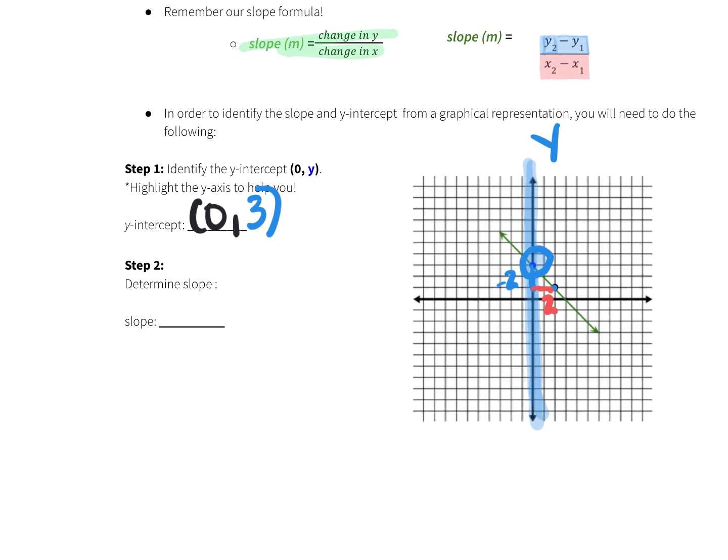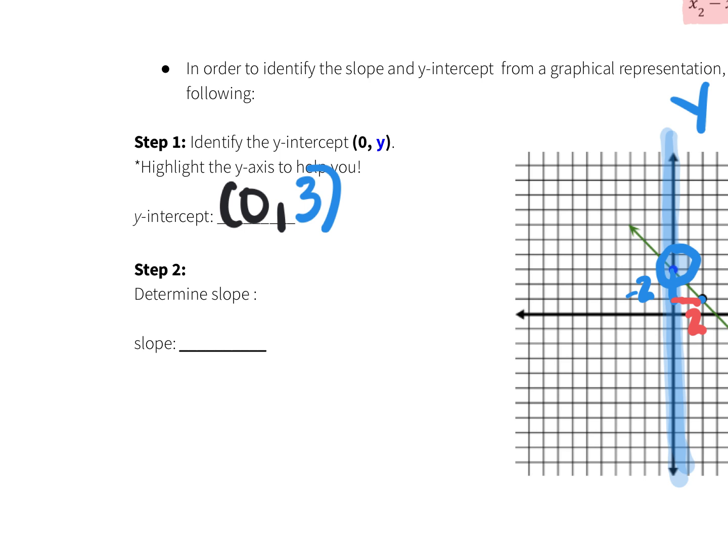And remember, our slope is always written as a fraction, and it's y over x. So because I went down 2, that means my change in y is -2, and I went across 2, so my change in x is 2. So what does that mean?